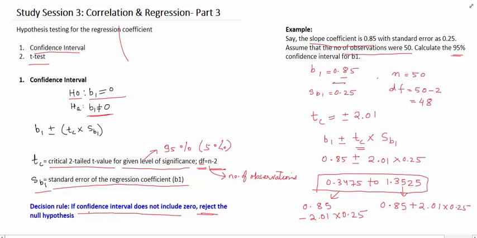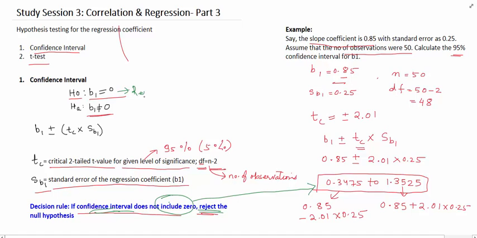Now, what is the decision rule for the confidence interval? It says that if the confidence interval does not include 0, we reject the null hypothesis. The confidence interval that we have here does not include 0. Hence, we must reject the null hypothesis. The null hypothesis is that b1 equals 0.